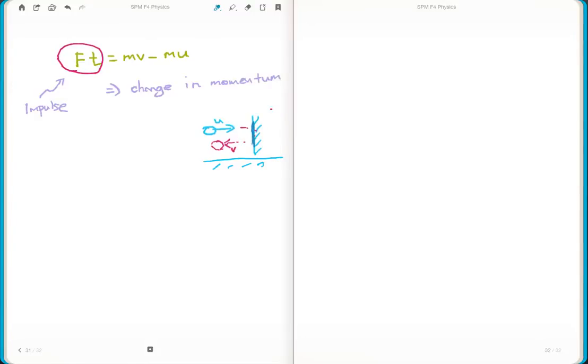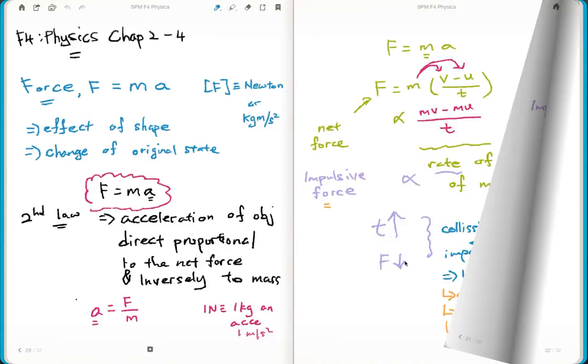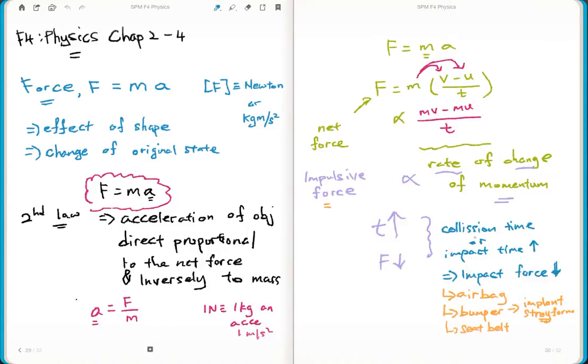In order for the ball to bounce, an equal and opposite force needs to be applied onto it: the force from the wall to the ball and from the ball to the wall. So equal magnitude and opposite direction. A change in momentum is actually Ft. The rate of change of momentum, they call it impulsive force.